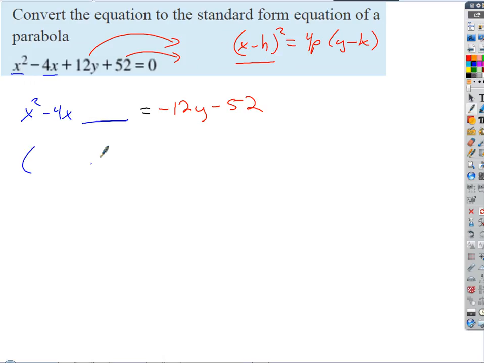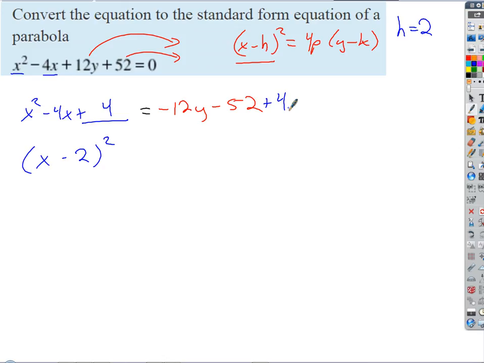So half of negative 4 is negative 2. So we can already see that h is 2. That's the number that's being subtracted from x. But to get that perfect square, I've got to add the blue number 4 to both sides, because it's an equation, so I have to treat both sides equally.